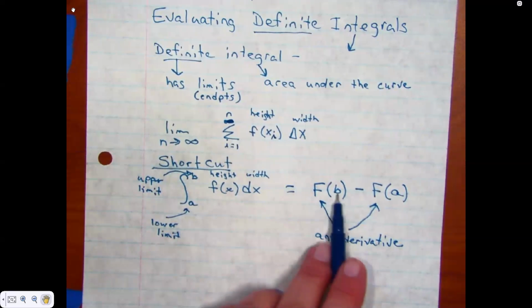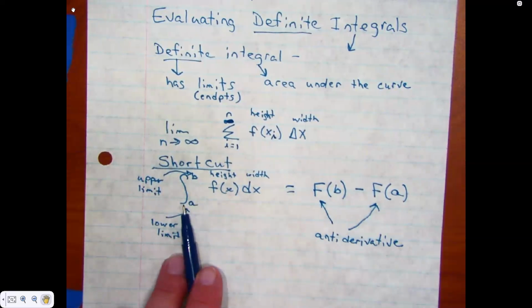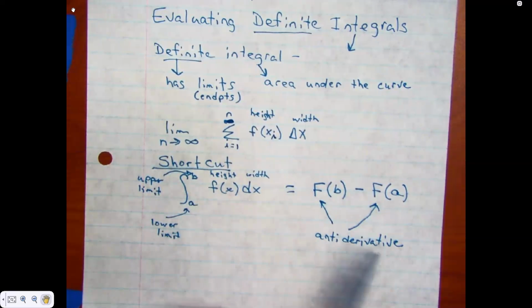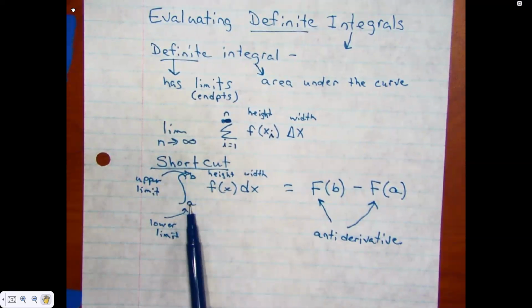And then you plug B into it, you plug A into it, and you subtract those two answers. And instead of doing limits, you can take the shortcut. You're going to find the antiderivative of this guy, plug B into that antiderivative, get a number, plug A into that, get a number, and subtract those two numbers.